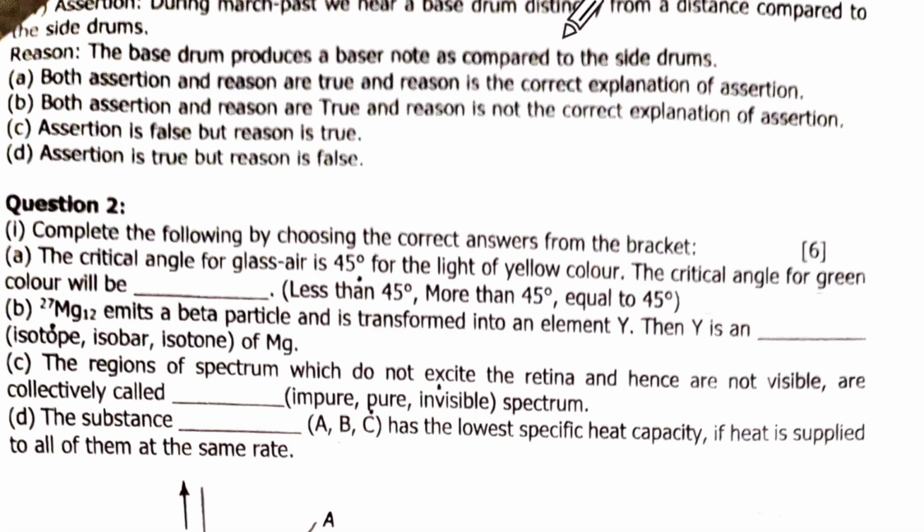The bass drum does produce a bass note, and the side drum has a slightly higher pitch. The assertion is correct. The reason is also correct, but it is not the correct explanation, because it is the larger surface that is set into vibration for the bass drum. So it is B.